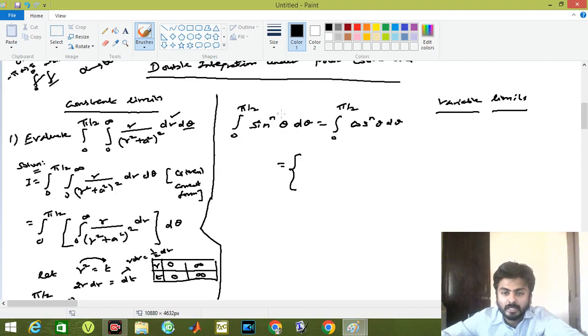So here n is there. The formula is based on whether n is even or n is odd.